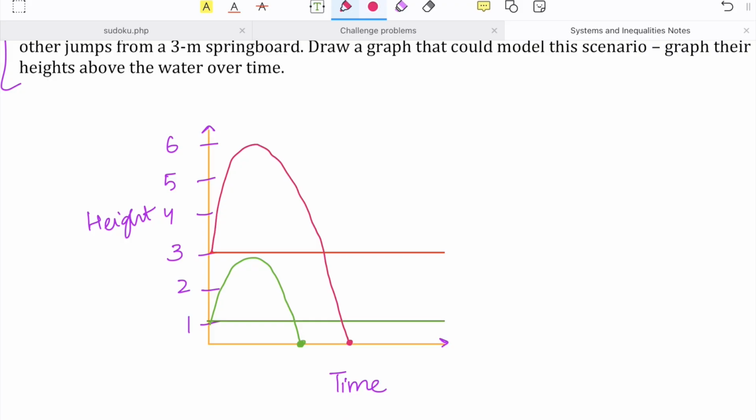Does that make sense? The springboard stayed constant and the height of the person went up. Wouldn't be that big of a jump again, it might be like this. It's the same thing. It depends upon how much force they're putting, right?